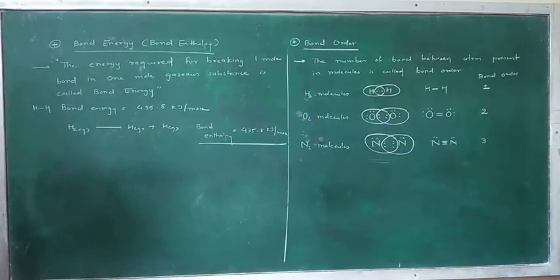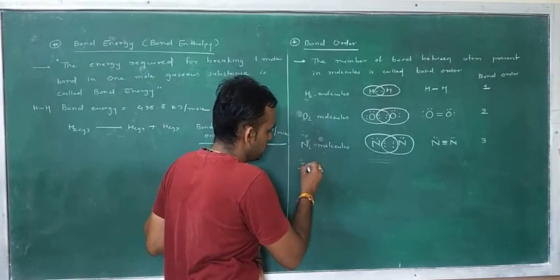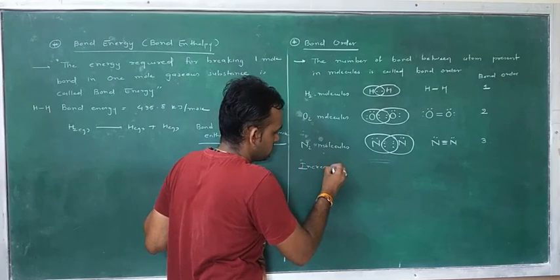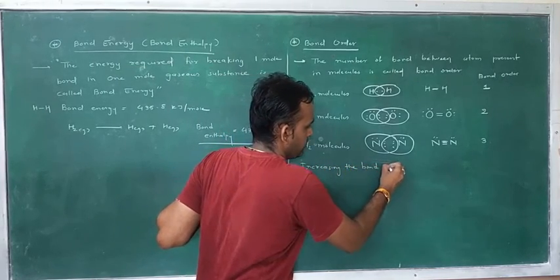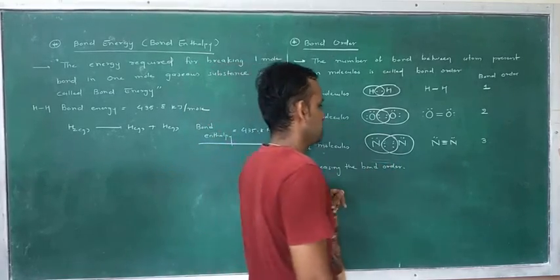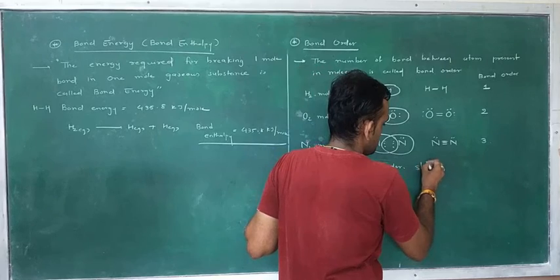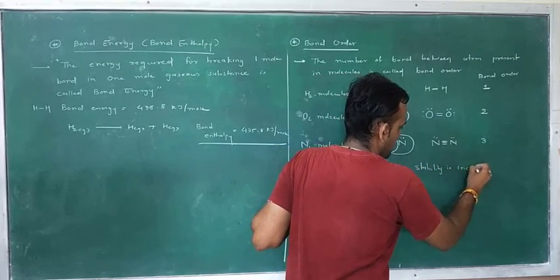With increasing bond order, the bond length decreases and the stability is increased.